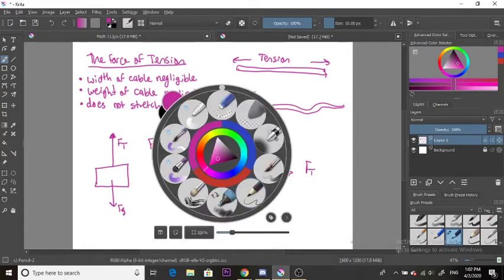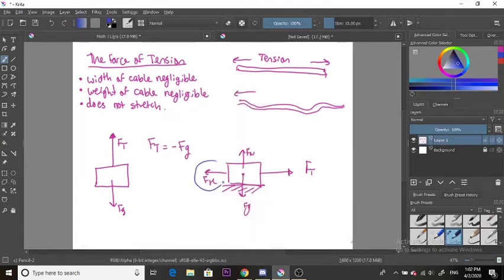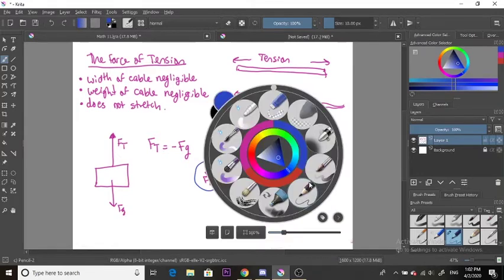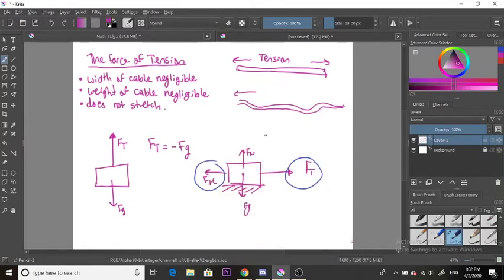So we're only looking at these forces right here. In this case, your formula for tension would be the force of tension is equal to your kinetic force, but in the opposite direction, so it's going to be negative. These are just a couple of examples on how to analyze the tension force.